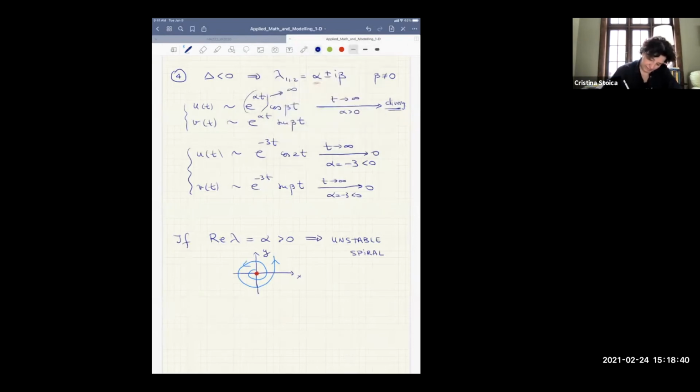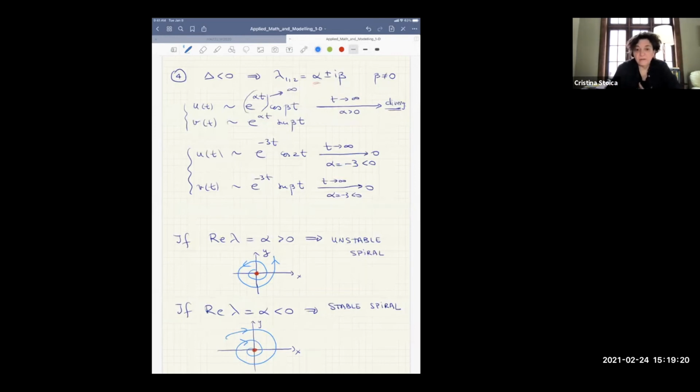Whereas if this is negative, then we have a stable spiral. So it's doing it exactly the other way around. But now it goes in, right?